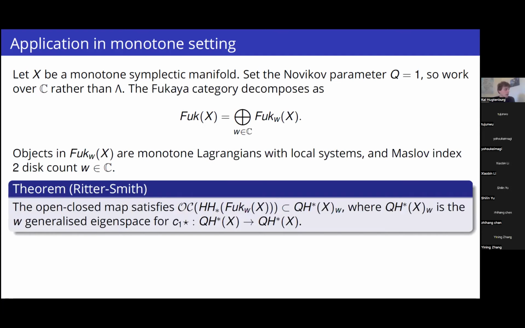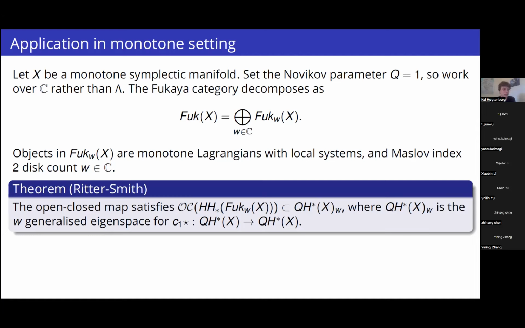And one thing that was shown by Ritter and Smith is that the open-closed map, if you apply it to the Hochschild homology of just one piece of the Fukaya category, Fuk_W, then the image lands in the quantum cohomology QH_W, where this QH_W is the W generalized eigenspace for quantum cup product with the first Chern class.